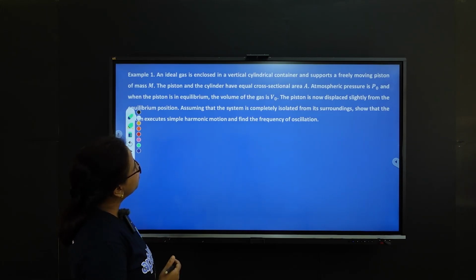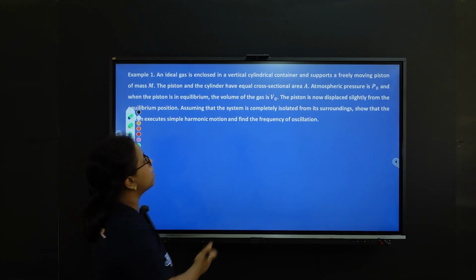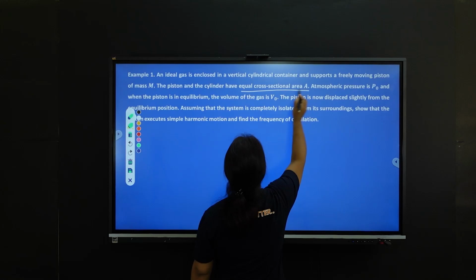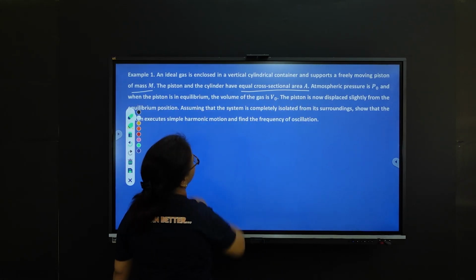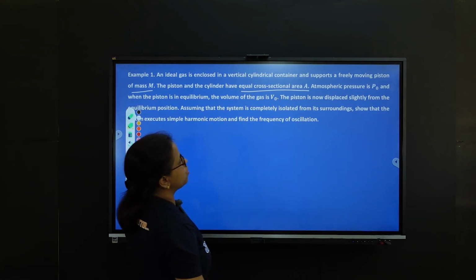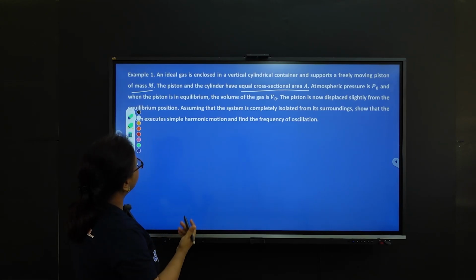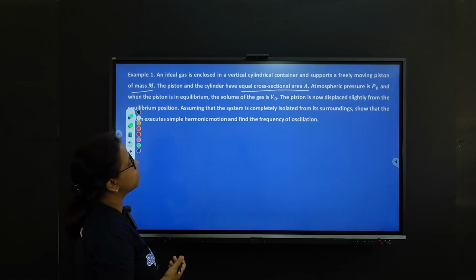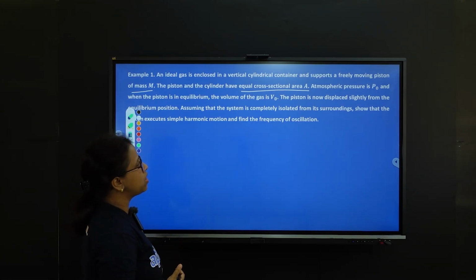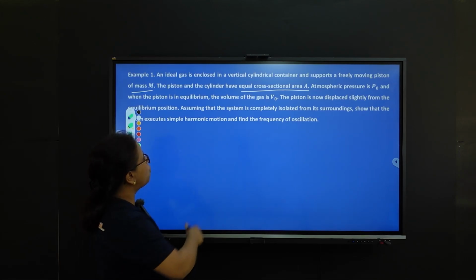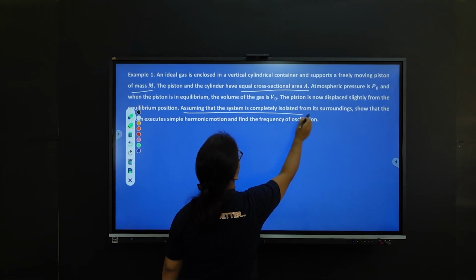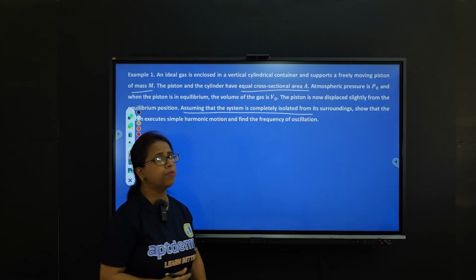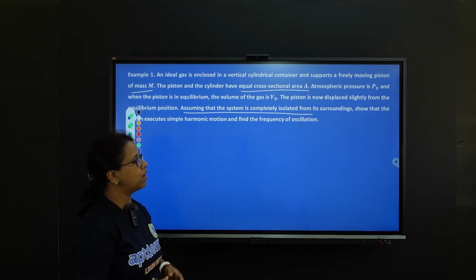Now, the piston and the cylinder both have equal cross-sectional area of A. And atmospheric pressure is P0. When the piston is in equilibrium, the initial volume is V0. And then the piston is given a slight displacement. Now we should start assuming that the system is completely isolated from its surroundings.